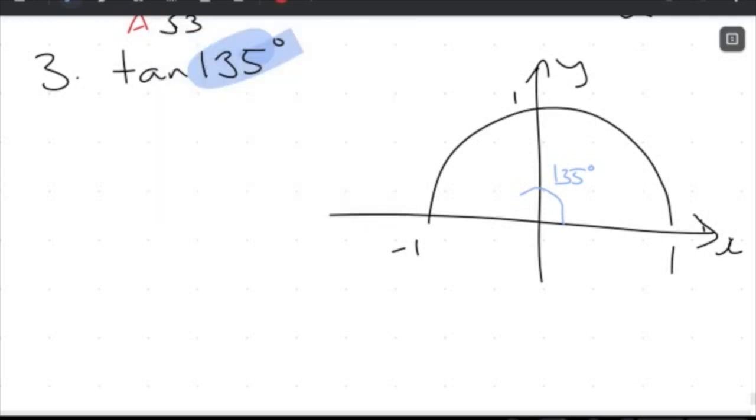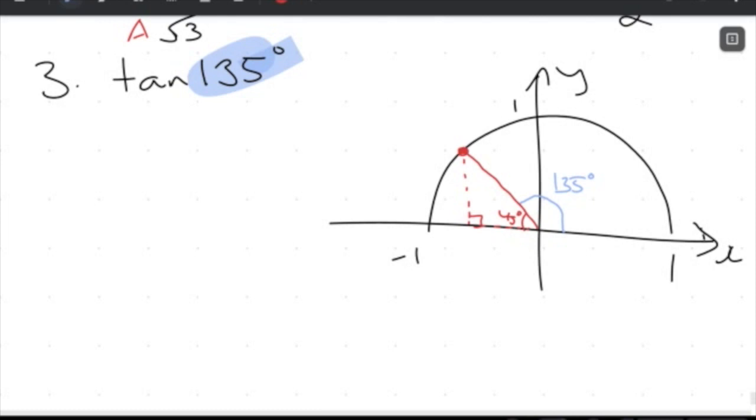And I'm going to draw this line out to meet the edge of my circle here. So I've drawn this out and I have my right angle here. So my angle in here is just going to be 180 minus 135 degrees, which gives me 45 degrees.